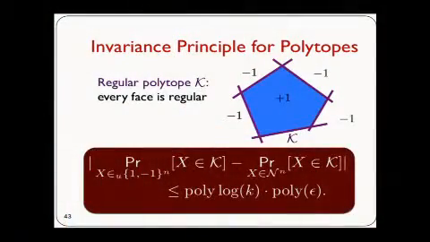And given this setup, our invariance principle says that the Boolean volume of the polytope, which is just the probability that a random point from the hypercube lies inside the polytope, is close to the Gaussian volume of the polytope, which is the probability that a random point drawn according to the Gaussian distribution lies inside the polytope. And the error is at most polylogarithmic in k, where k is the number of faces, times a factor which depends on the regularity of the bounding hyperplanes.